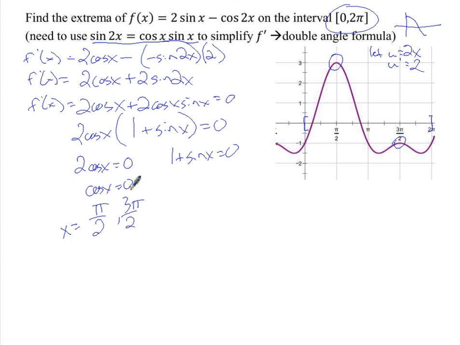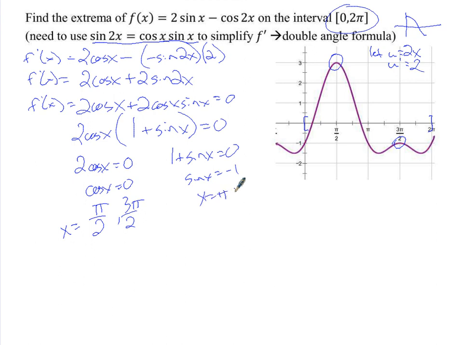Over here, we're going to solve for sine x, so we have sine x equals -1. When is sine equal to -1? Pi? Okay, so we have x equals pi.